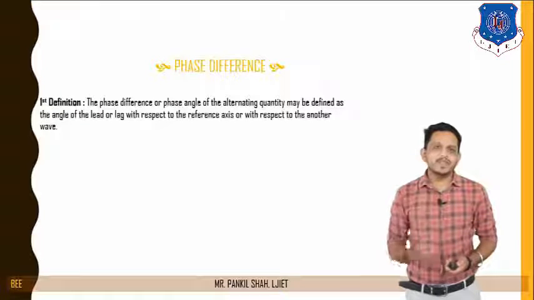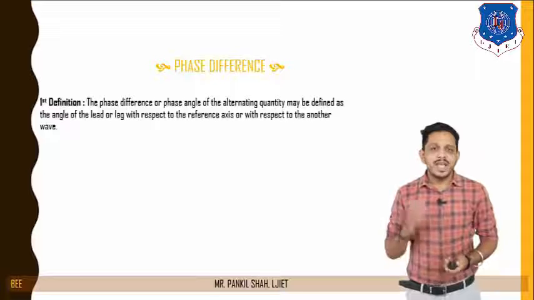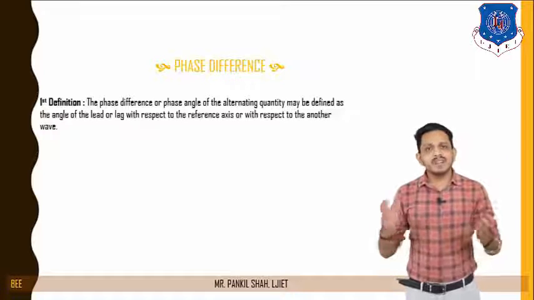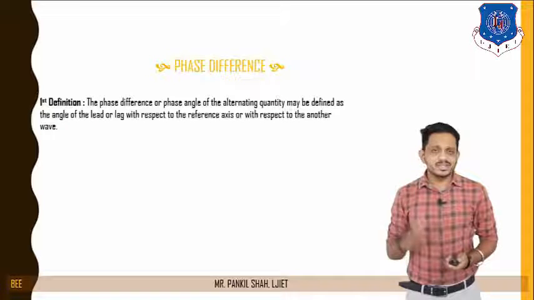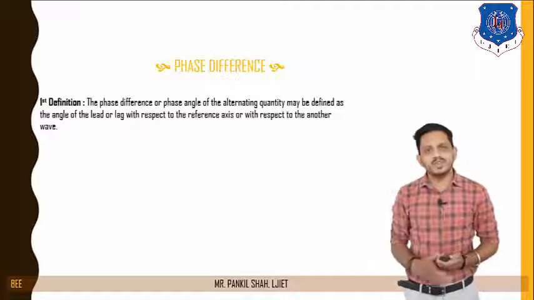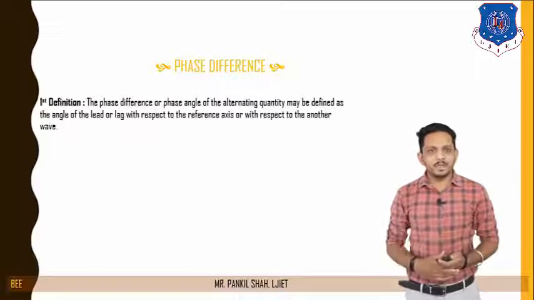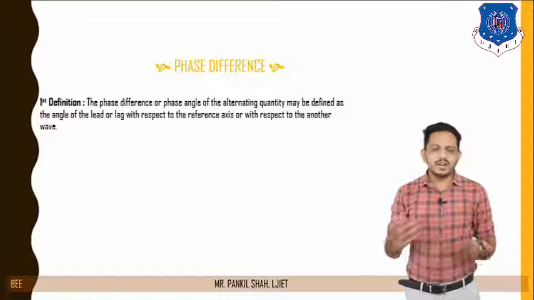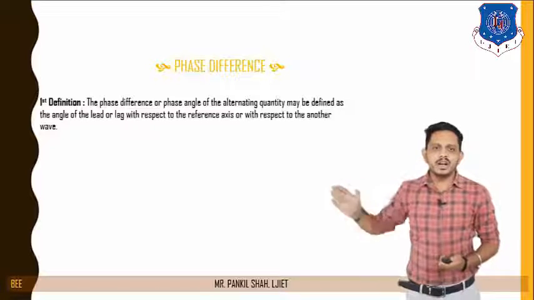Now let's see one important definition related to this vector representation, and that definition is the phase difference. So what do you mean by phase difference? We have already studied this definition in the previous videos. You can refer to those videos. Again, I am explaining the concept of phase difference.